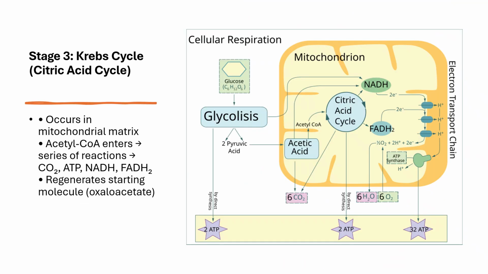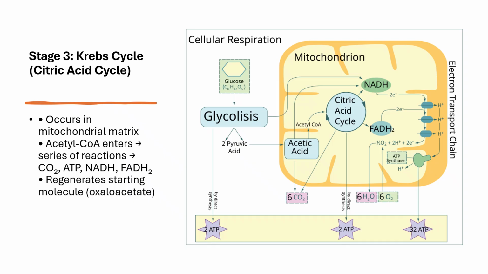Now we're in the Krebs cycle, inside the mitochondrial matrix, where acetyl coenzyme A enters a series of reactions. Carbon atoms get released as CO2, and energy is harvested in the form of ATP, NADH, and FADH2. The cycle is regenerative.